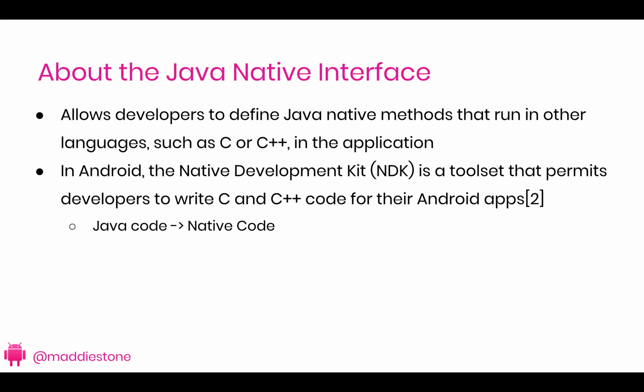And in Android, there's a specialized thing within or on top of the Java Native Interface called the Native Development Kit, otherwise known as the NDK. It's the tool set that permits developers of Android apps to write the C or C++ code. And it basically builds this bridge from the Java or Kotlin code that an app really needs to be able to run, and how you bridge and call into native libraries.